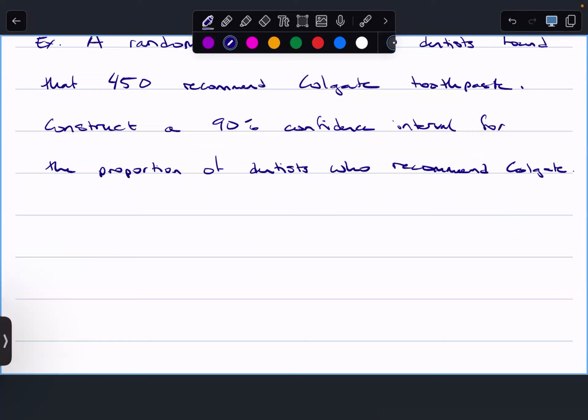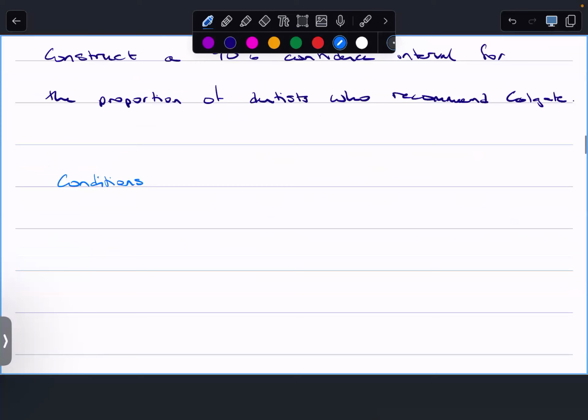First chunk of work is we have to check the conditions. What I will start doing is, part of checking the conditions will be identifying if you're making a confidence interval or a hypothesis test, which we haven't done yet.